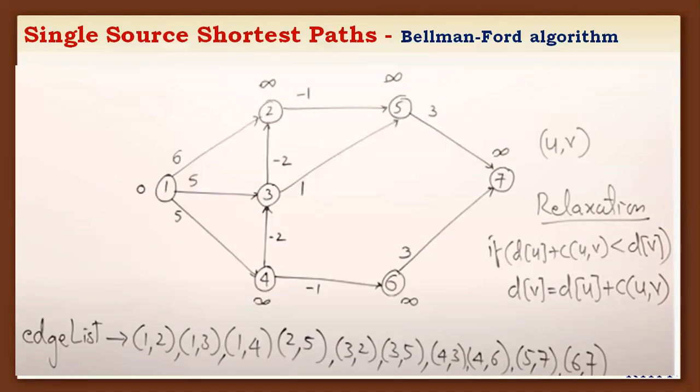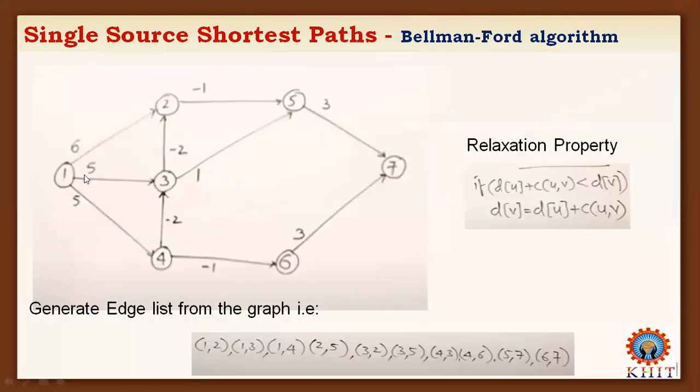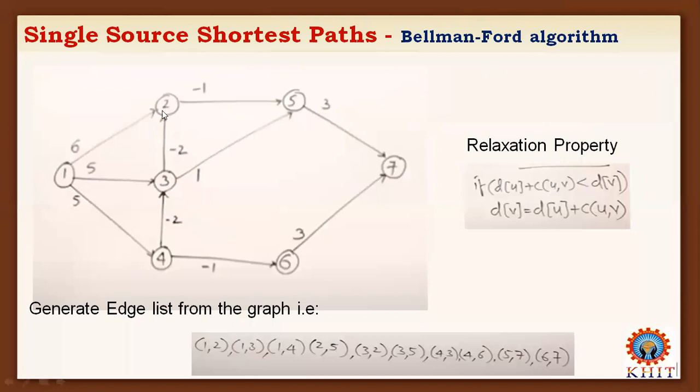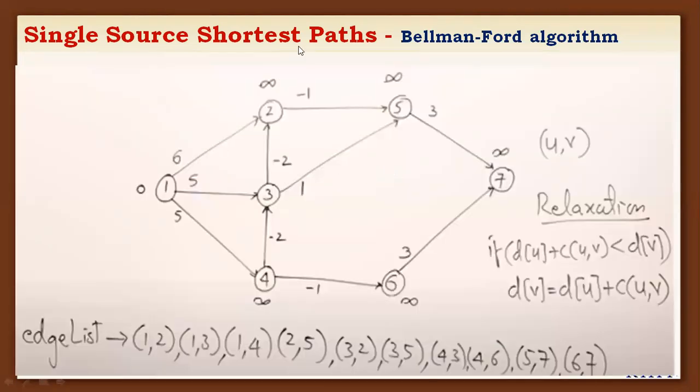Next step, clearly observe here. If you compare this graph with this graph, the weights of vertex 2, vertex 3, vertex 4, vertex 5, vertex 6, vertex 7 are not given.